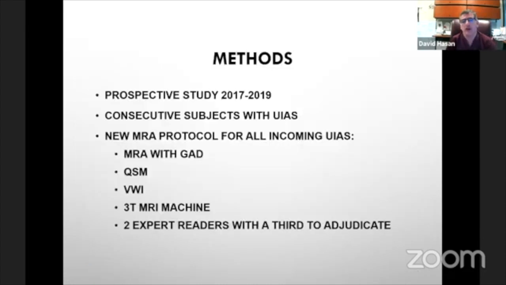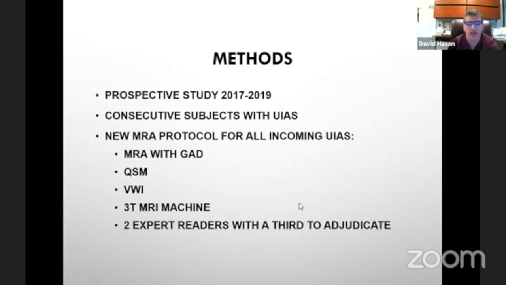So to compare QSM to vessel wall imaging, because again, QSM has a lot of limitations. Specifically, it can only be used in 60% of the aneurysms due to the air and artifact. But vessel wall imaging, you can use for a lot of aneurysms. So we did a prospective study, and we created a protocol.